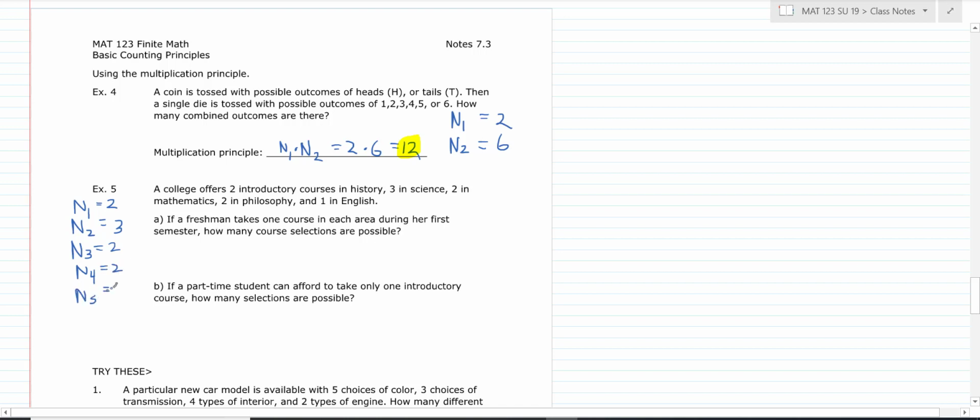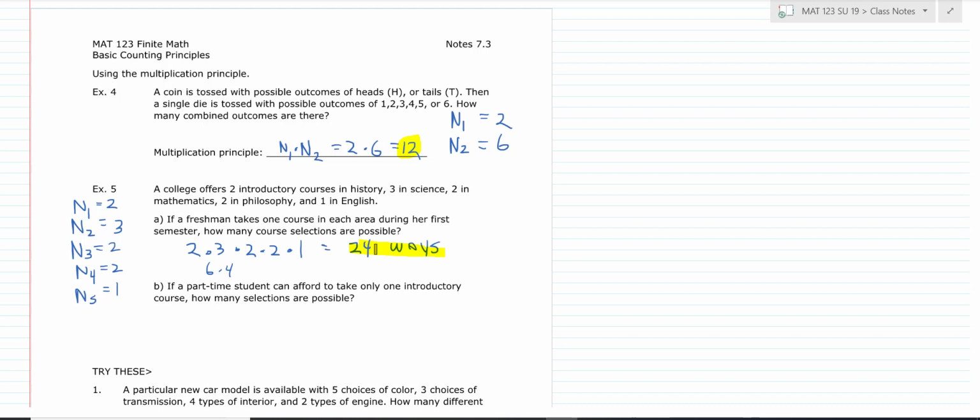Now the student is only taking 1 of each, so you would do 2 times 3 times 2 times 2 times 1. If you multiply that out, that's 6 times 4, so 24 ways to make that schedule. We're taking 5 classes, picking 1 from each list. So 24 ways to make that schedule.